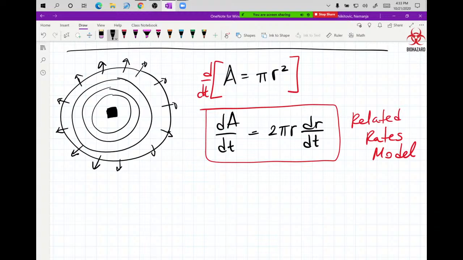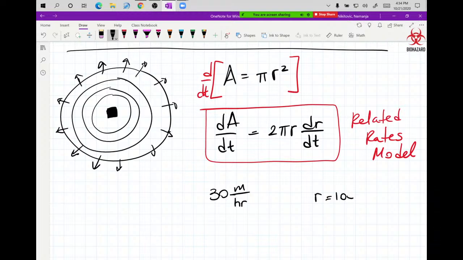So now we can go in and take a look at the text, and it says an oil rig springs a leak in calm seas and the oil spreads in a circular patch around the rig. If the radius of the oil patch increases at the rate of 30 meters per hour, how fast is the area of the patch increasing when the patch has a radius of 100 meters?